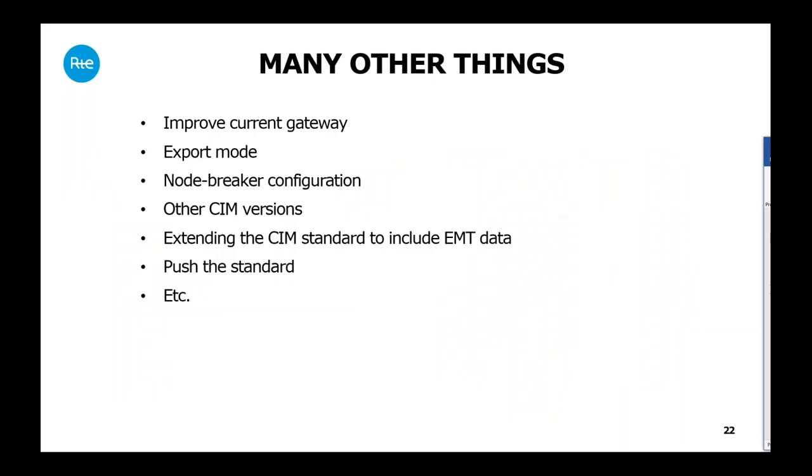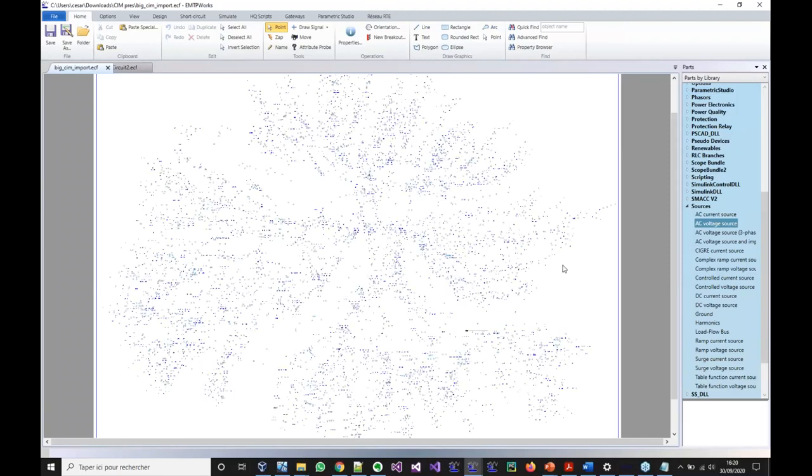Okay, so then we have also a lot of other things we can investigate. We can improve the current gateway. We can improve graphical rendering of the final network. I think I have an example of a big network with 4 or 5 voltage levels. Okay, like this.